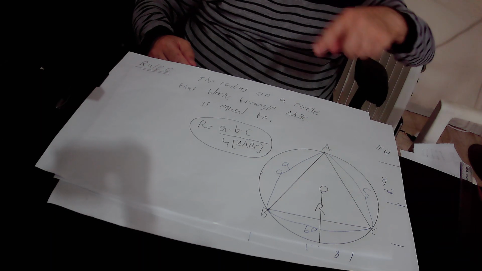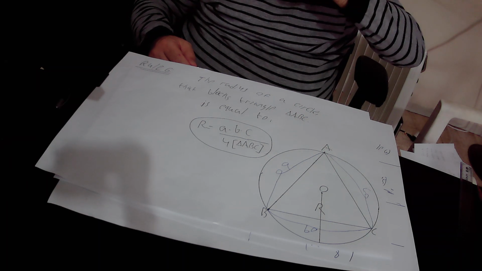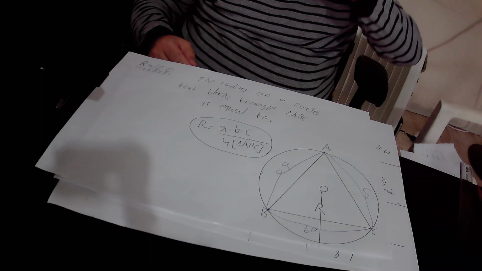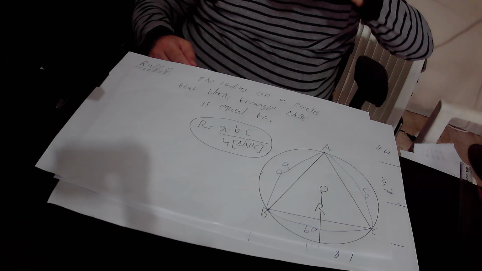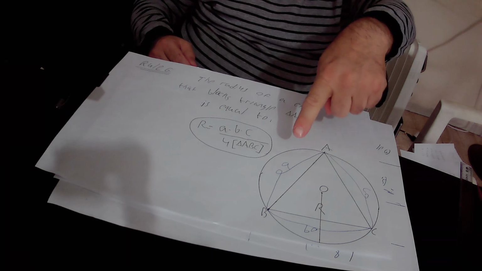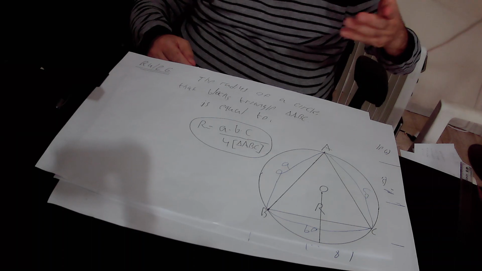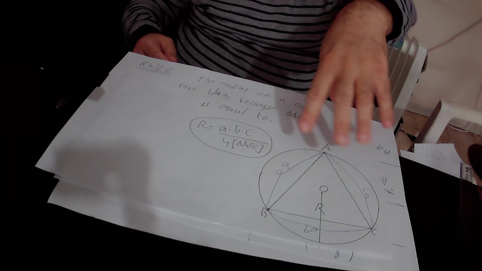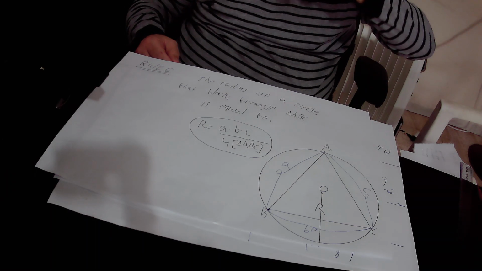The radius of this circle is R, or capital R. According to the formula, the radius of this circle, capital R, that circumscribes this triangle ABC, equals A times B times C, that is the multiplication of the side lengths of this triangle by each other, over 4 times the area of this triangle ABC.